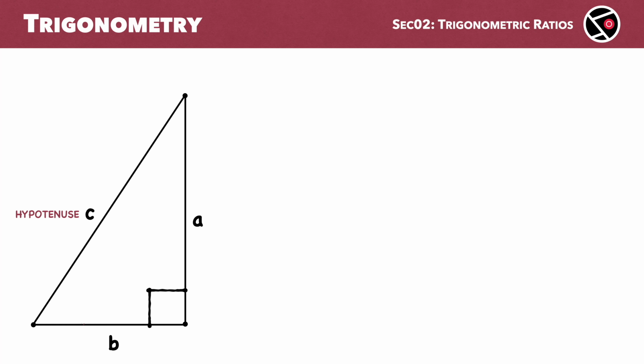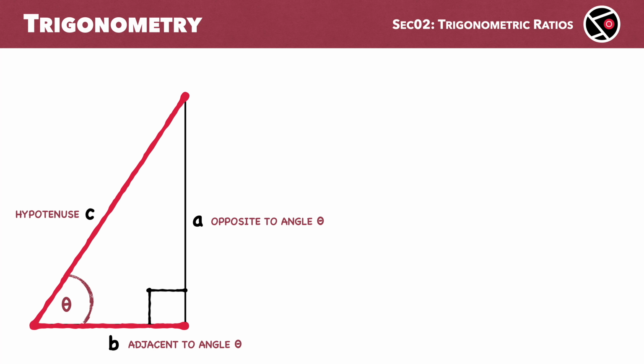Now, let's mark this angle as theta. The side directly opposite to theta is side A. And the side next to theta is side B. But wait, there are actually two sides next to theta.